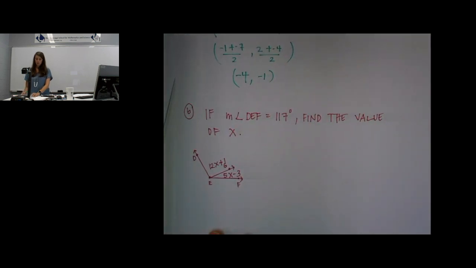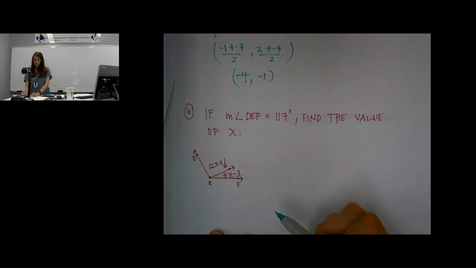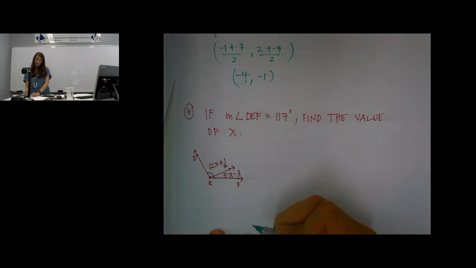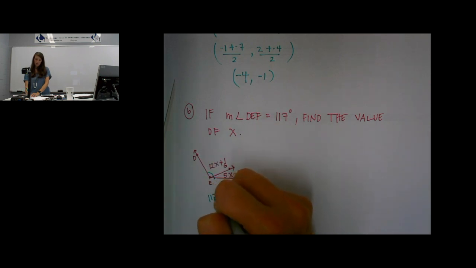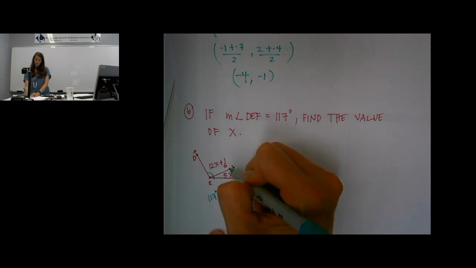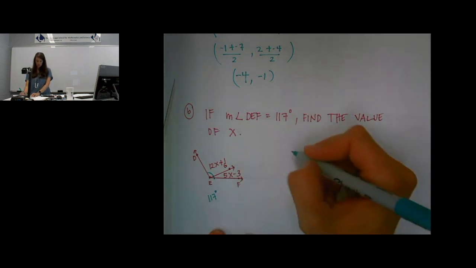Okay, if the measure of angle DEF is 117 degrees, find the value of x. So that means that this whole angle is equal to 117. So that means that DEG plus GEF should add together to give you 117.